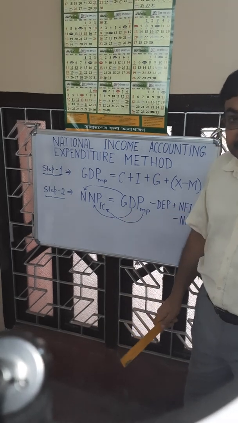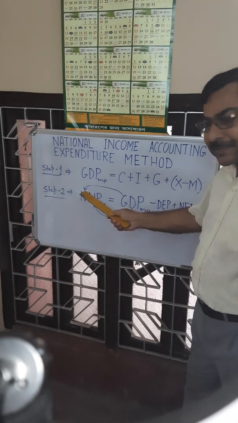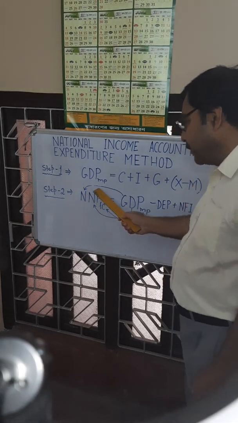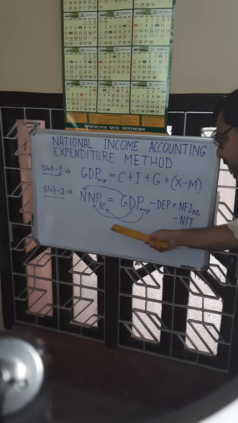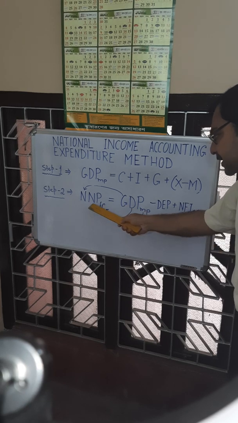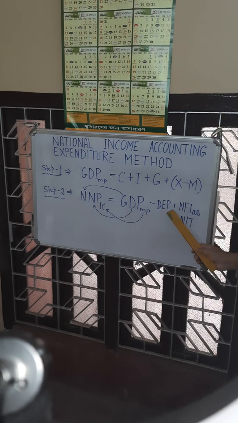What are these adjustments? You have to move from gross to net. Whenever you are moving from gross to net, you have to deduct depreciation. Also, you are moving from domestic to national. Whenever you are moving from domestic to national, you have to add net factor income from abroad, NFIA.